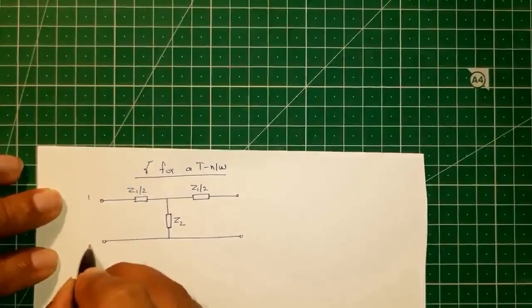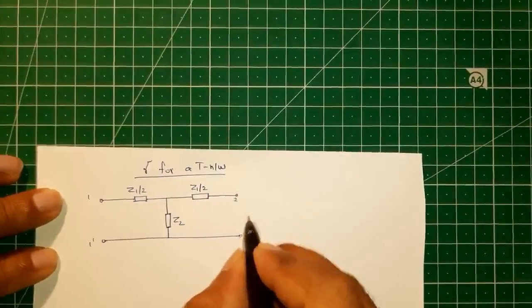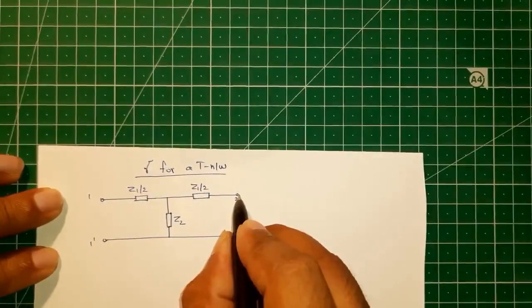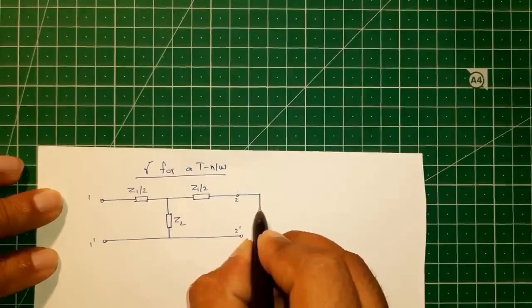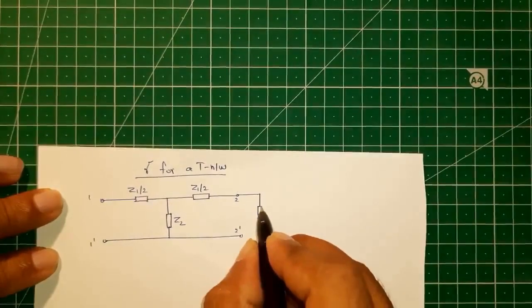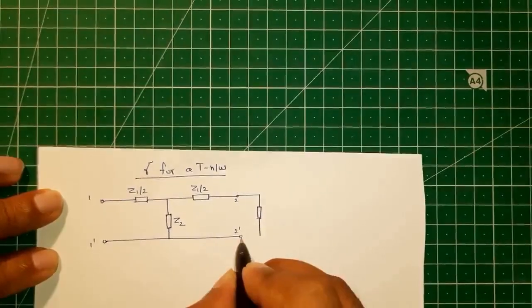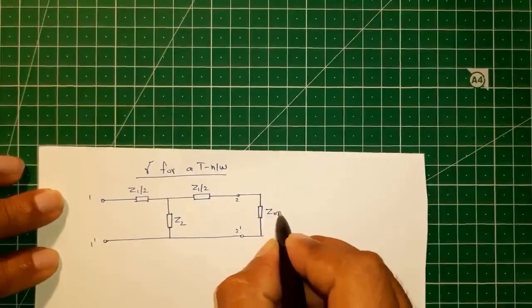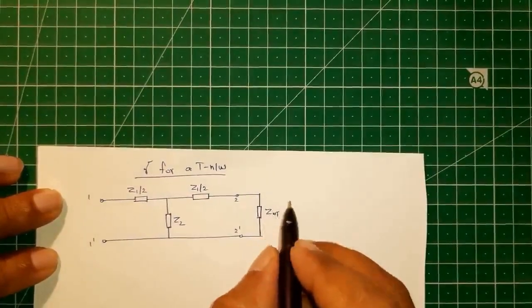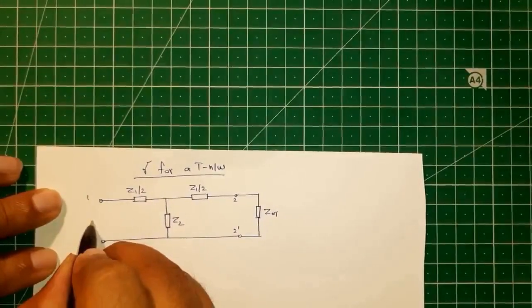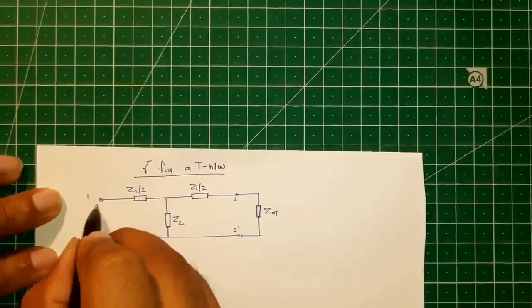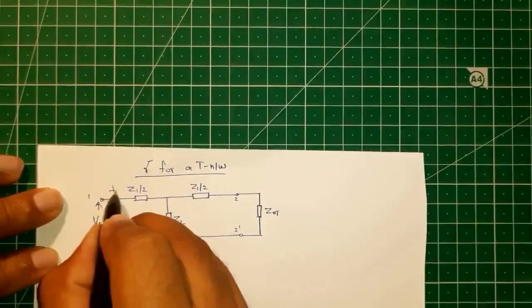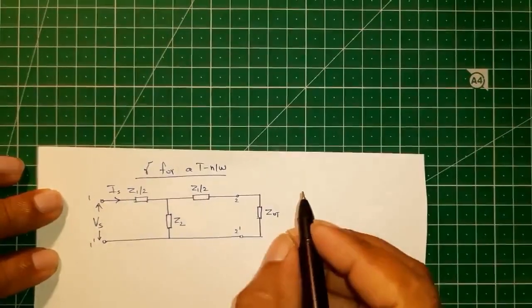So we have the sending end 1 1 dash and the receiving end 2 2 dash. And this symmetrical T network is terminated by its characteristic impedance Z naught T. Now Vs is the sending end voltage and Is is the sending end current.